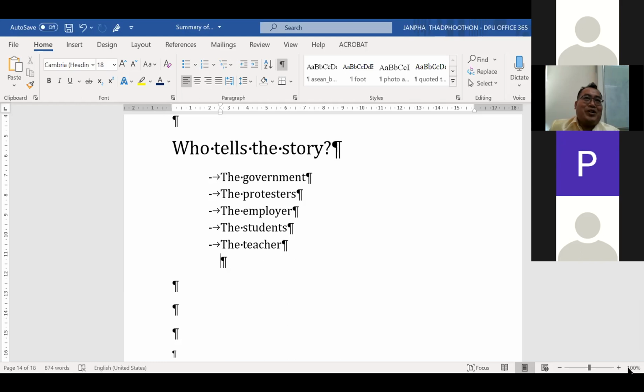Okay, so it's very important to think about who's the guy that tells the story. Yeah. Is it important? If you tell the story, you have the ability to construct the meaning based on your intentionality and the reality that you would like to construct.